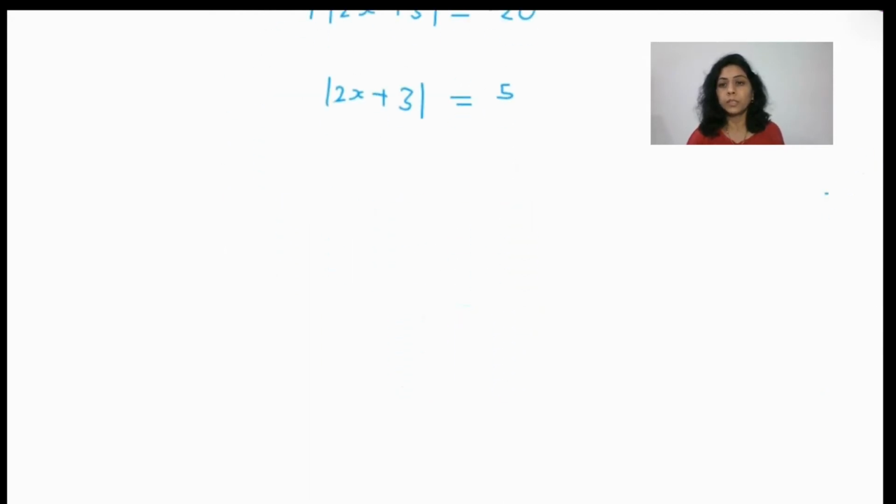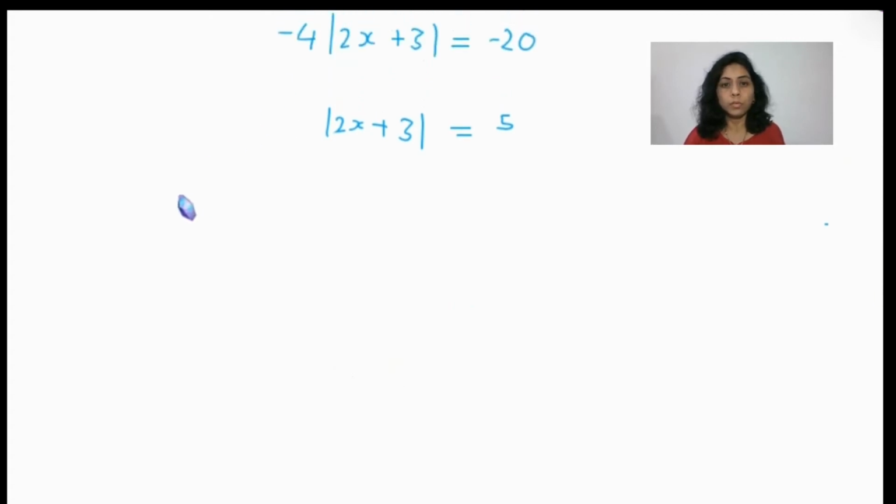And here the absolute value can be positive, 2x plus 3 equals 5, or 2x plus 3 equals minus 5. So one time positive, one time negative.